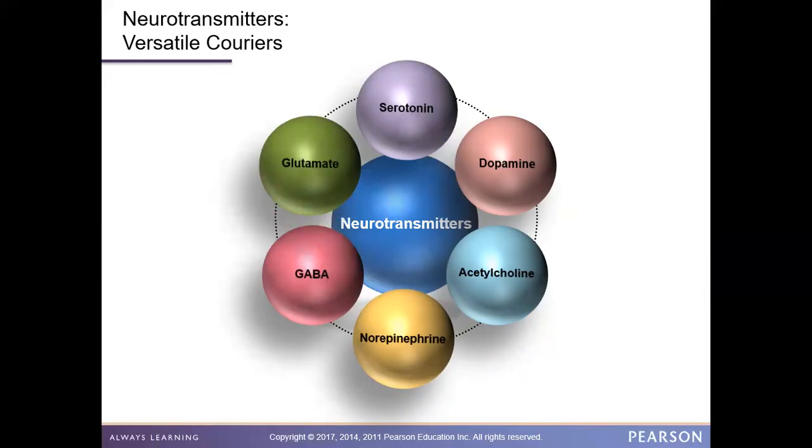When I talk to you about neurotransmitters, we have a few right now. I want you to think of neurotransmitters as like very fancy emails. They're designed to send some message and to send it quick. Types of neurotransmitters to be aware of. Serotonin.